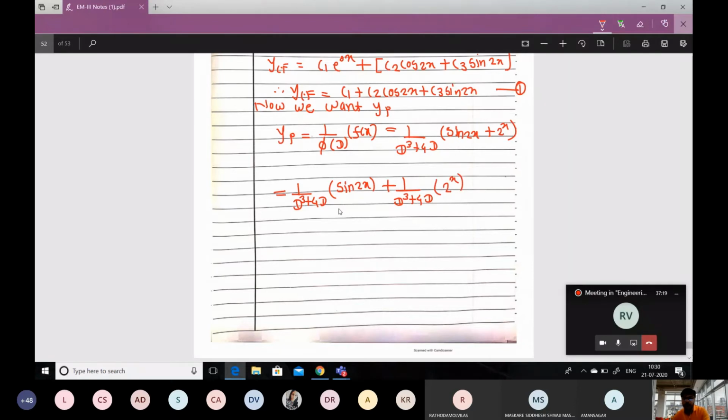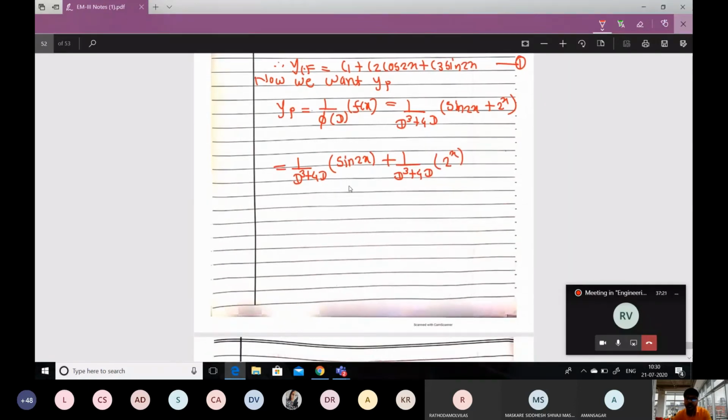Okay, and for the sine 2x term, just replace the d square term by minus a square. So here we want to replace the d square term by minus 4 in the first. So therefore we get 1 upon d as it is, because the d cube term is there, and d square is replaced by minus 4, so minus 4 and plus 4d as it is.